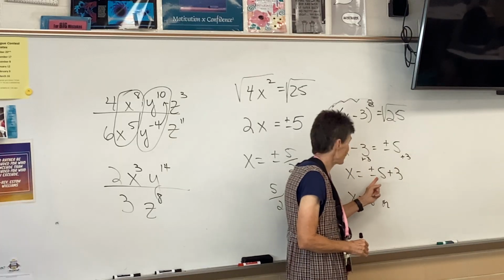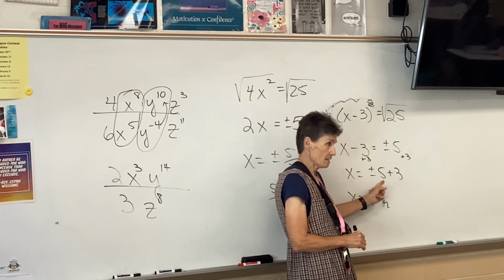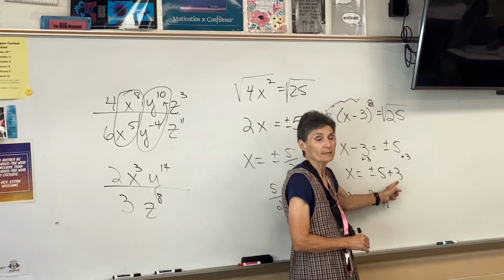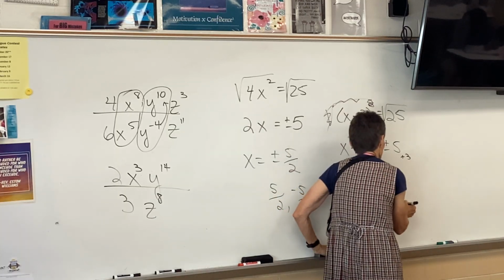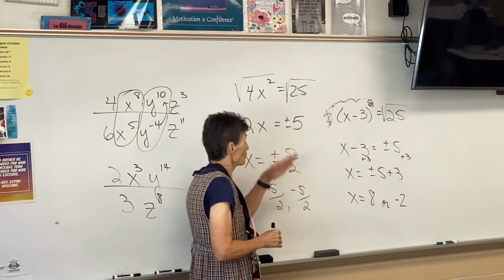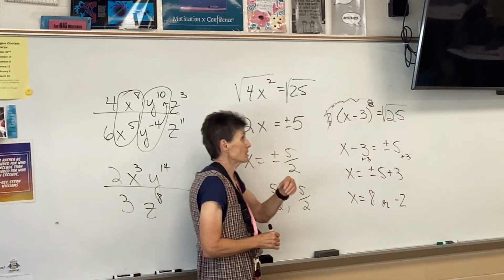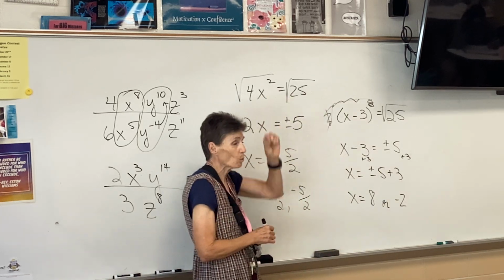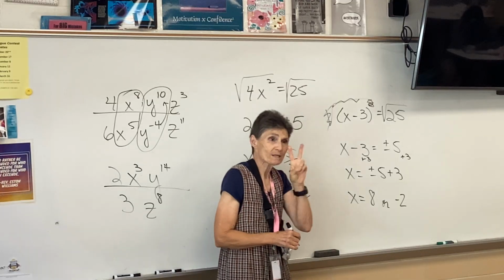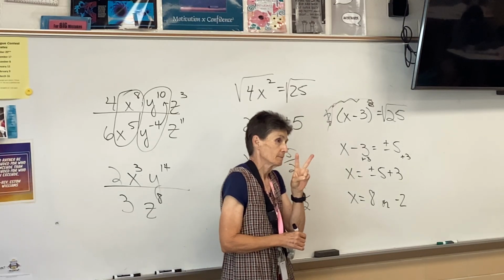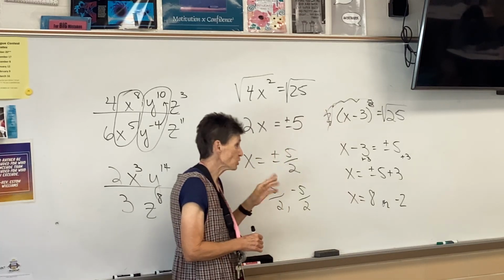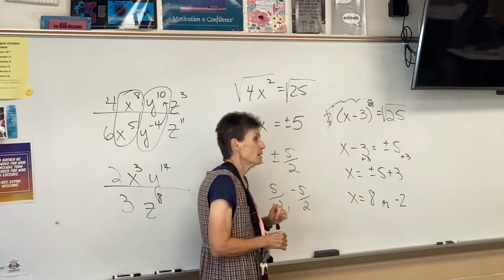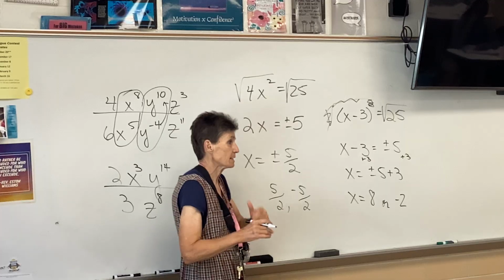What is the other answer? Negative 5 plus 3, negative 2. Quadratic equations, squared equations, are always going to have 2 answers. Occasionally the 2 will be the same, but usually they're 2 distinct separate answers.